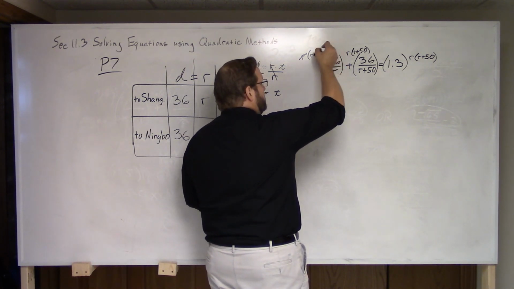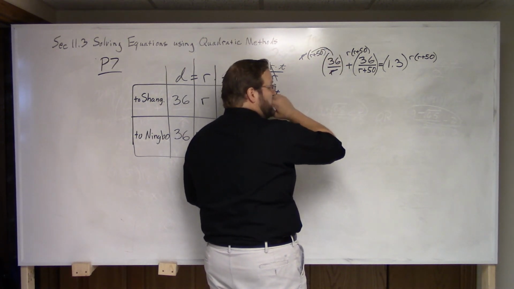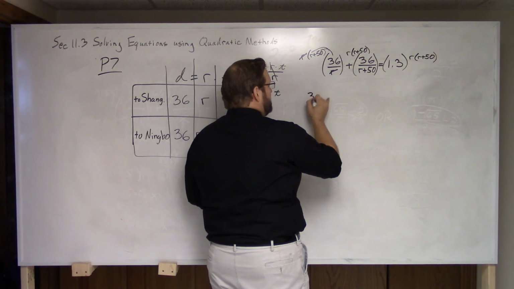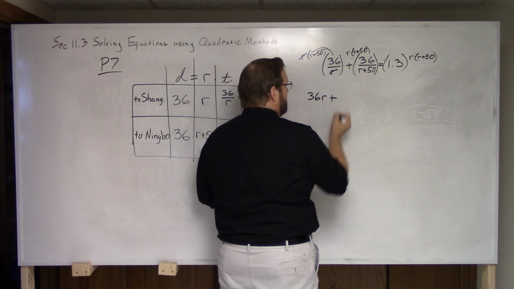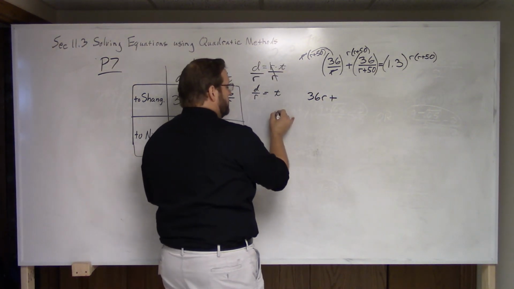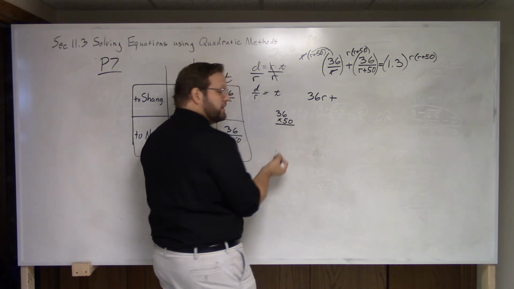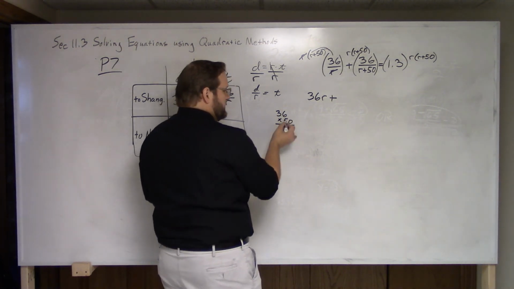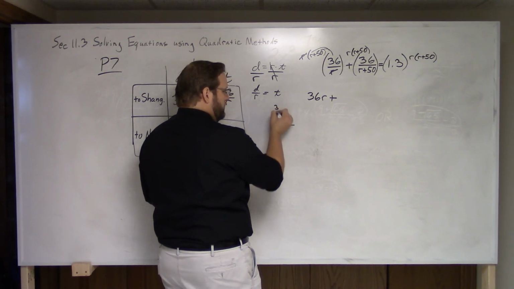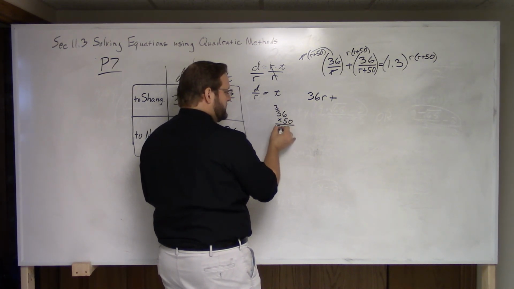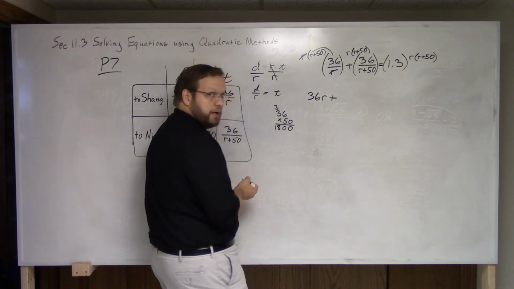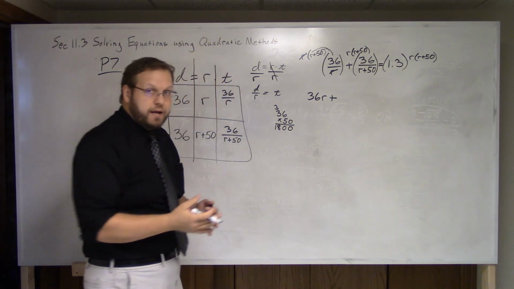Then I distribute that 36, and I've got 36r plus, remember, 36 times 50. Do you see how I put that 0 off to the side? Because then I get 30, 15 is plus 3 is 18, and I carry that 0 down. If you can do that in your head, that's great, okay?